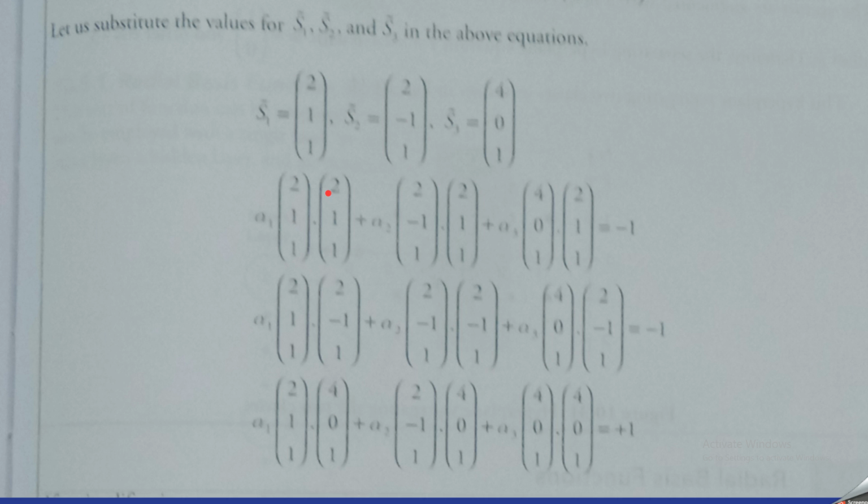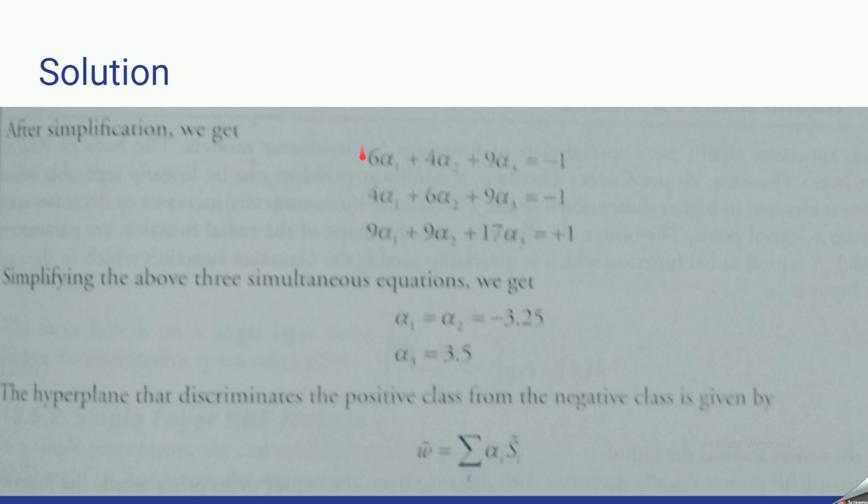Now we will simply multiply these vectors and get equations. So 2 into 2 is 4, plus 1 into 1 is 1, plus 1 into 1 is 1. So 4 plus 1 plus 1, which is 6. So it is 6 alpha 1, if you see over here. In a similar manner, you will be finding it for the second and third terms, and in the same fashion for the second and third equations.